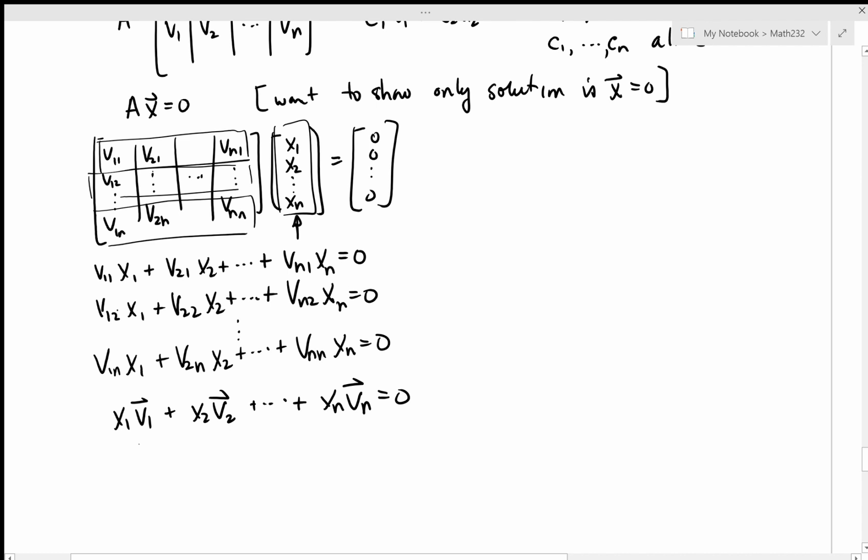But because of the linear independence, those coefficients all have to be 0. So the xi's are all 0. That's only the trivial solution. So one direction is done.